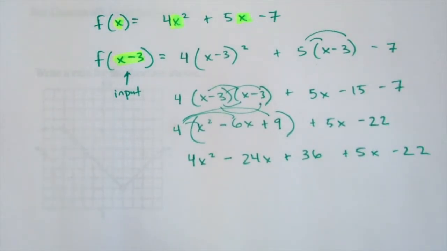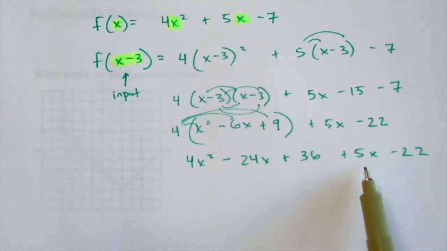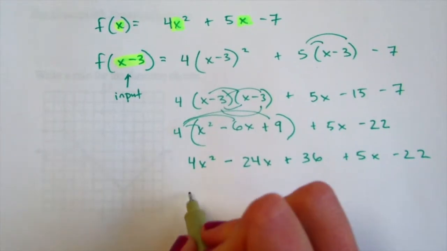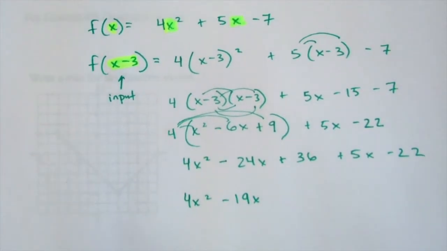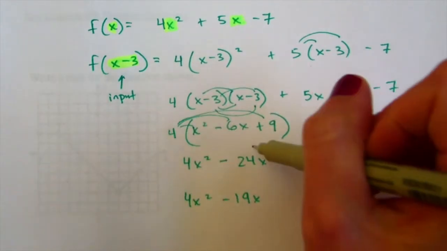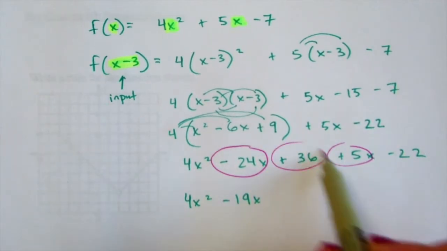I'm just going to combine like terms. So negative 24 plus 5 is going to be negative 19x. Sometimes it helps to circle the like terms, so you know what you're going to combine.